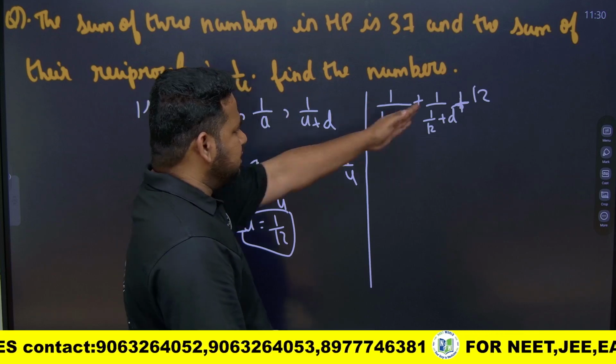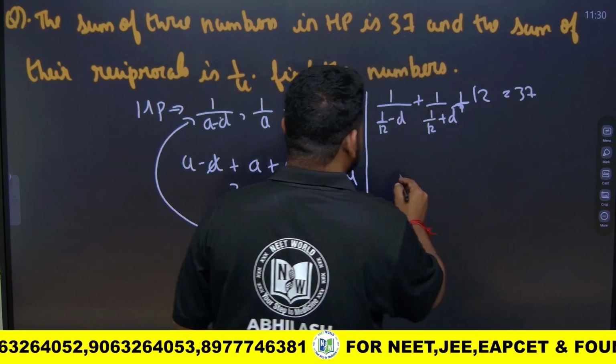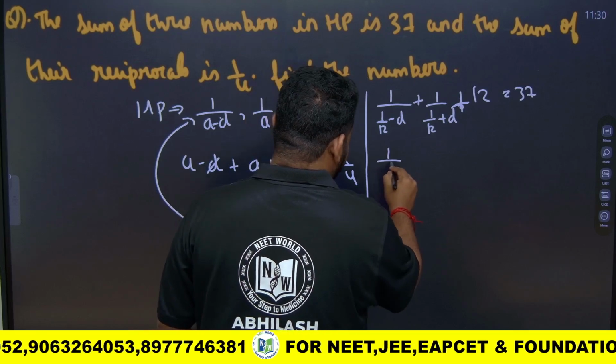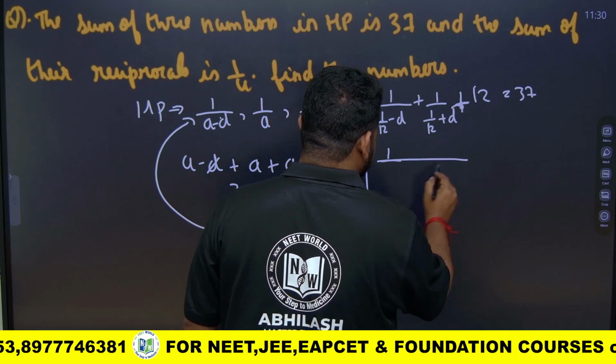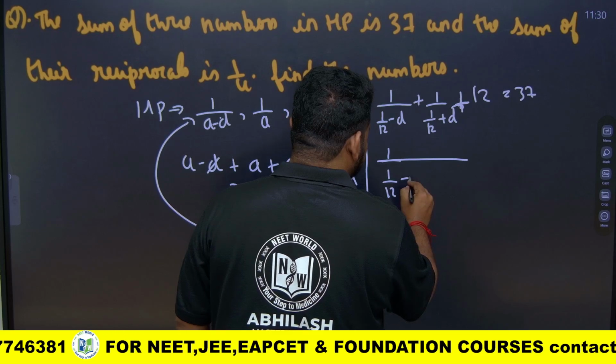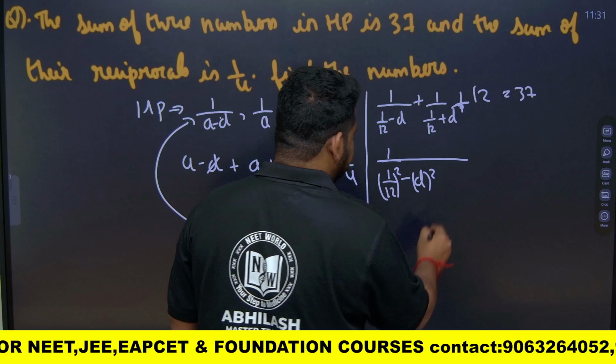This will be equal to 37. Now if I take the LCM, the LCM will be 1 by 12 square minus D square.